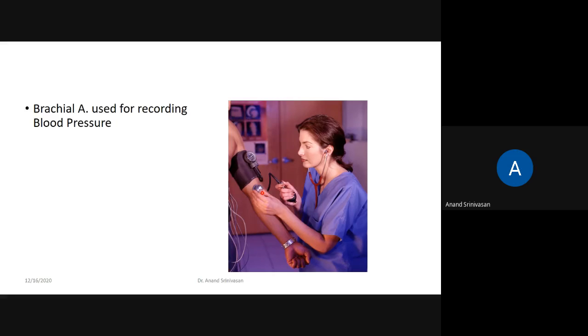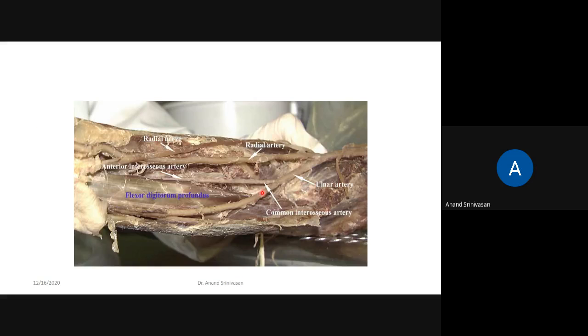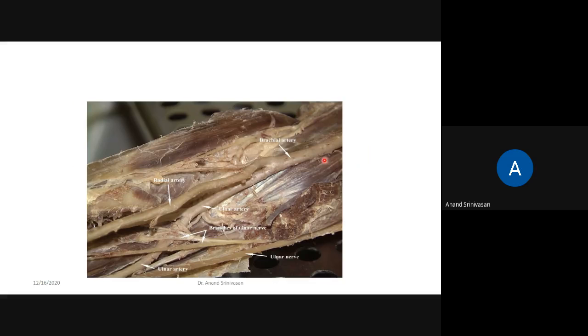So where is the location of this brachial artery? Here you can see the radial artery, here the brachial artery. It's close to the biceps tendon. In fact, it is medial to the tendon of biceps brachii.